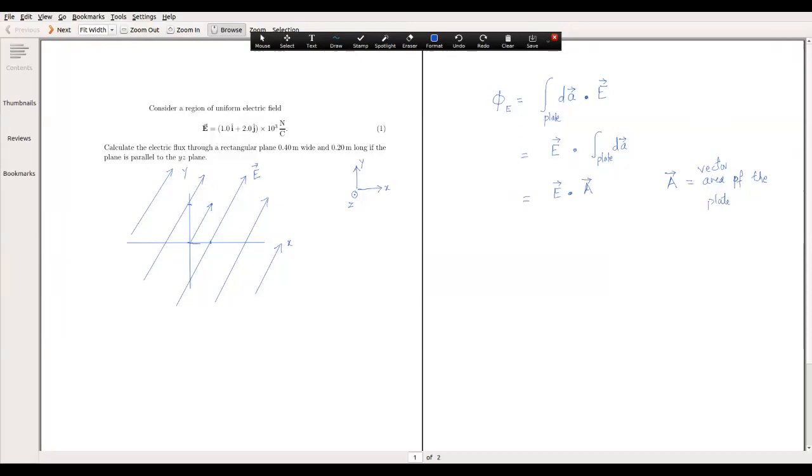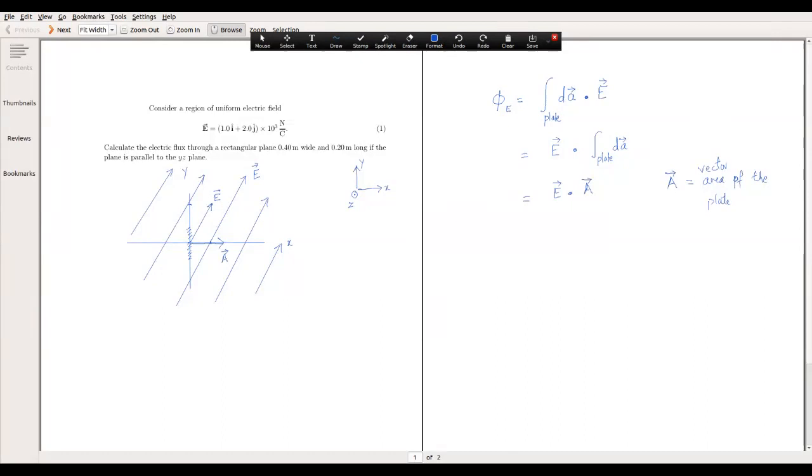So that's your area vector A. And let me refer to this as the electric field pointing. And this could be the plate itself. Let's represent it as a cross section we are showing. This could be the plate, right? So it's a finite plate. It has 0.4 meter by 0.20 meter.